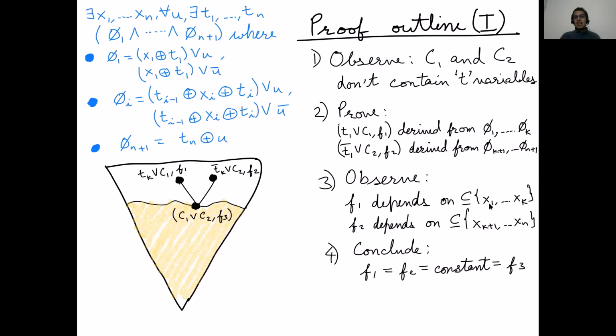But since they depend on disjoint variable sets, the only possibility is that they are constant functions, and from this we can conclude that f3 will be equal to f1 and f2, and so f3 is also a constant function. And from this it is not hard to conclude that c1 and c2 should contain all the x variables, and therefore c1 or c2 is wide. Okay, so this completes the proof.